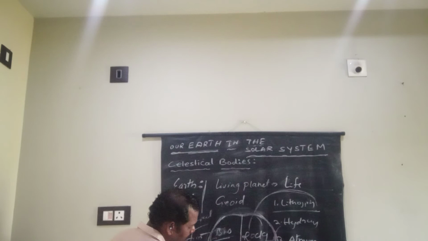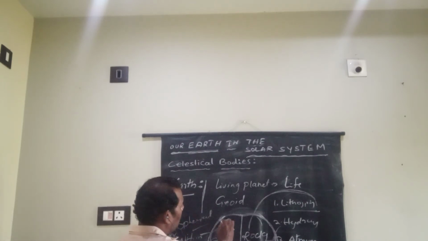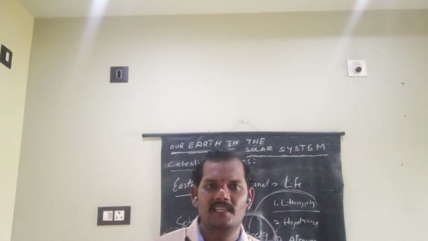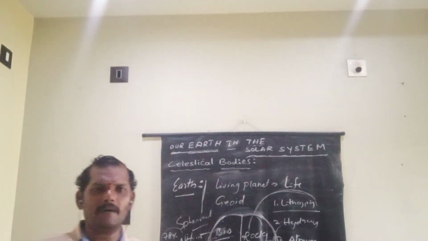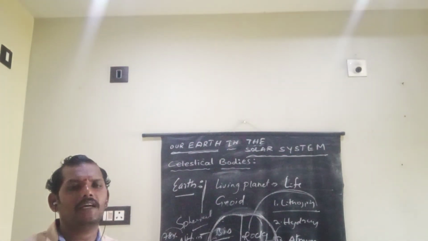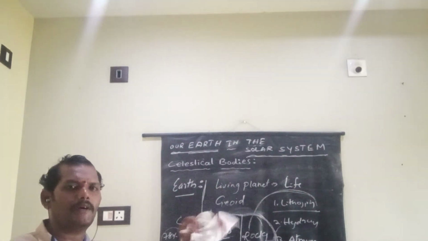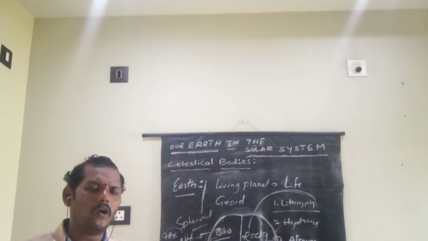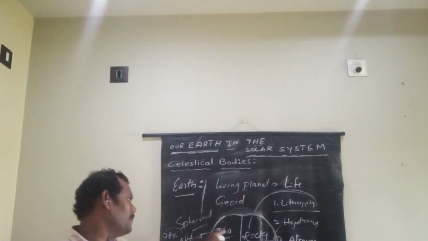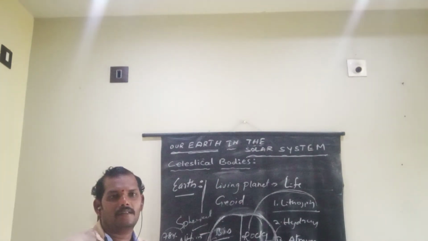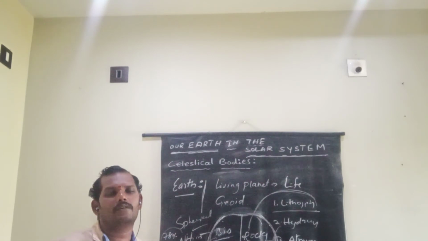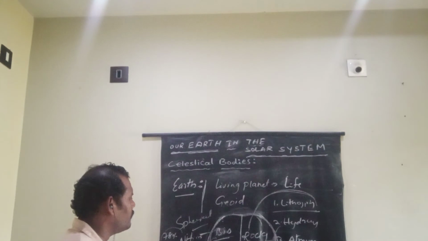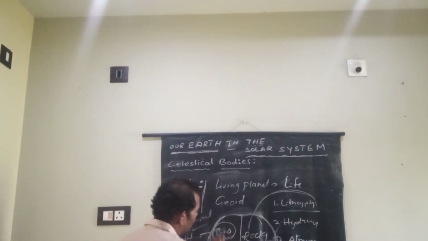All the human beings, different types of animals, plants, other organisms and so many microorganisms living on the earth are part of the biosphere. Plants, human beings, microorganisms, all living organisms are part of the biosphere.